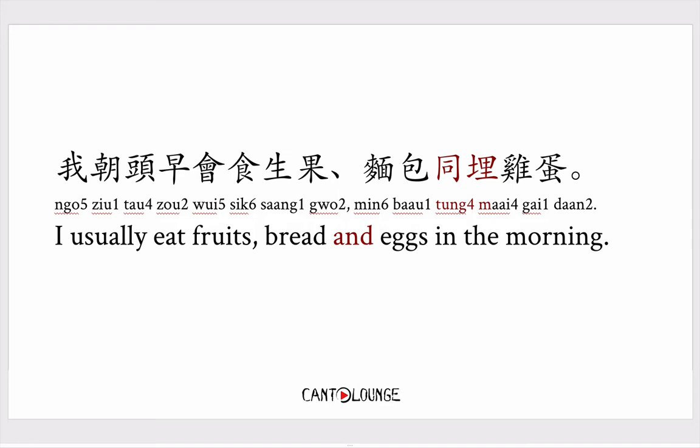Right? I hope you guys remember the word order from lesson 7 that we talked about all the way back in Cantonese word order. 我朝頭早 I in the morning usually eat 會食生果 fruit, 麵包 bread, 同埋 and, remember listing, 雞蛋 eggs.